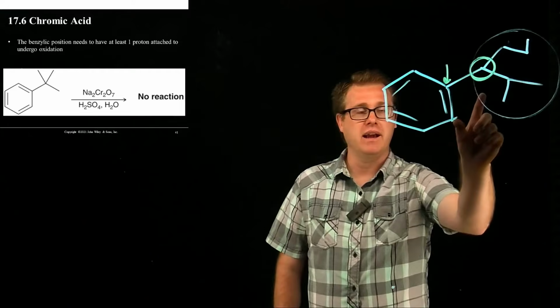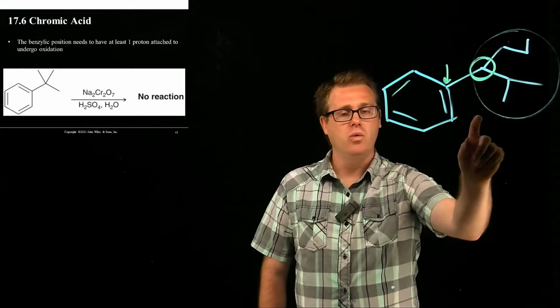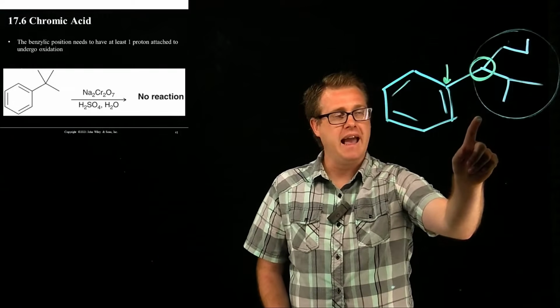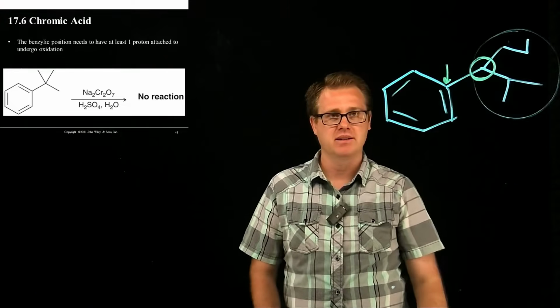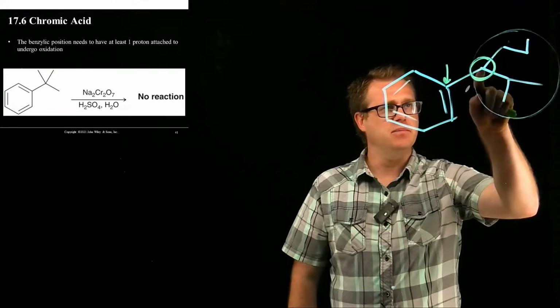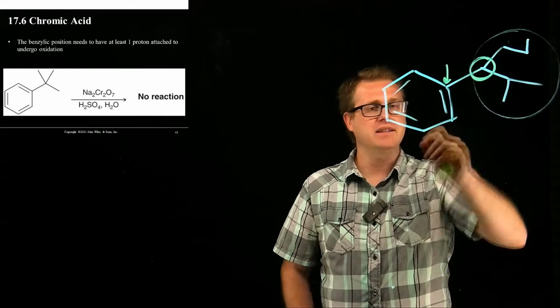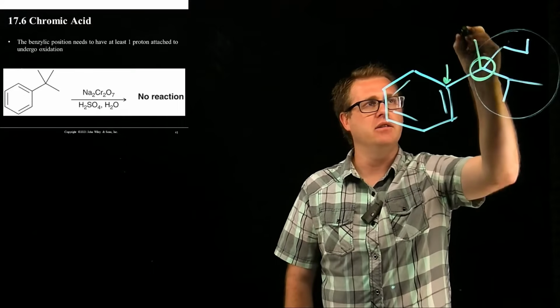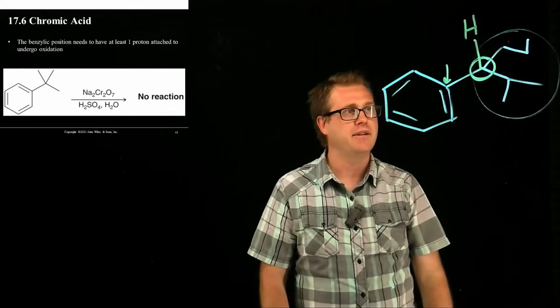So this molecule right here, would it react with chromic acid to turn into a carboxylic acid? Well, you just have to analyze it. There's the benzylic carbon. Is there a hydrogen on there? And lo and behold, there is one hydrogen.